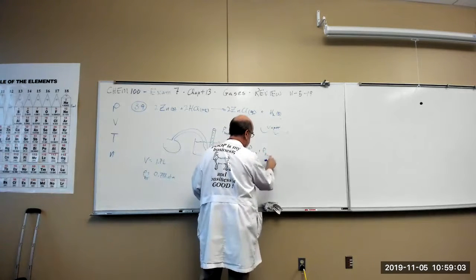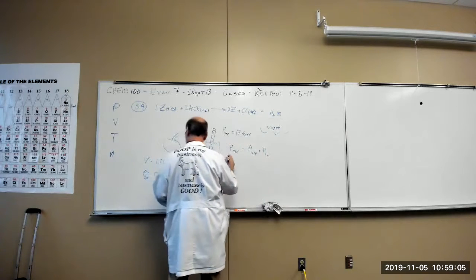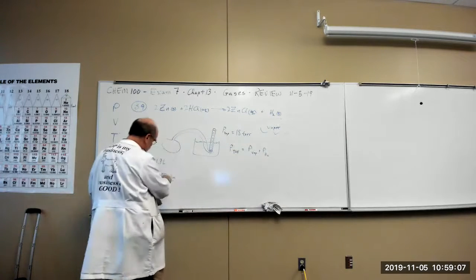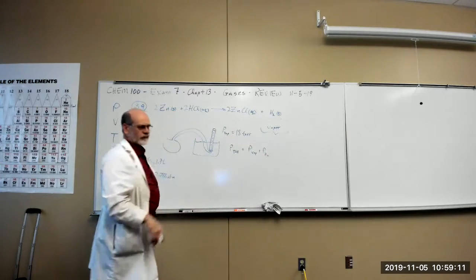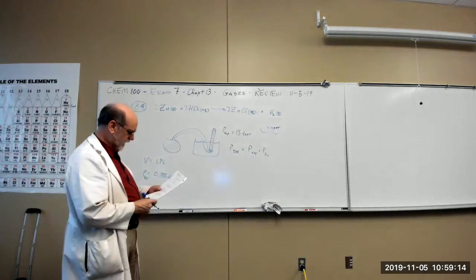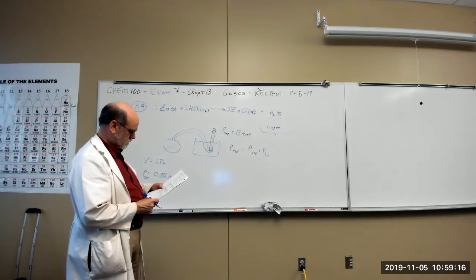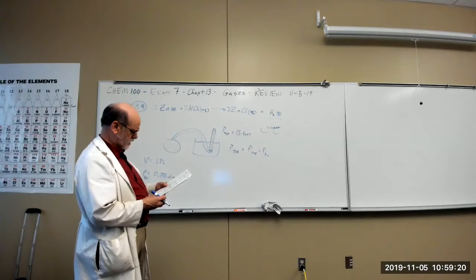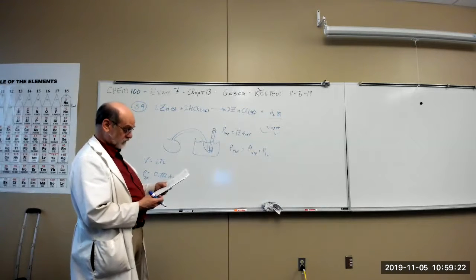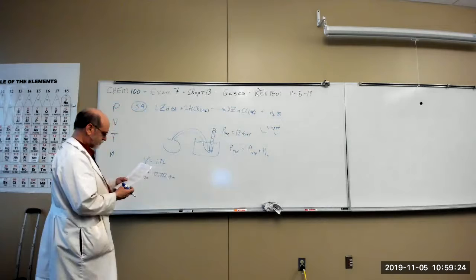So if this one is 0.788 atmospheres and that one's torr, we want to know what the units of measure are. Look at the answer. Well, actually, this wasn't the problem we answered, but it's a good one. So let's continue.